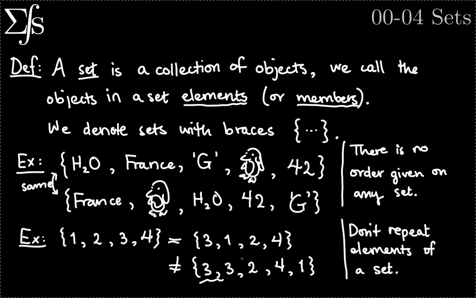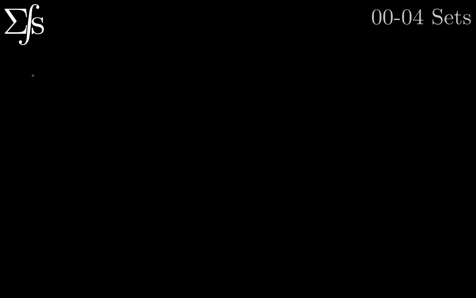So let's see, what's another example of a set that I can do? Alright, how about this set? The set with no elements inside of it. Well, it's a perfectly good set. It's just a collection, but it's a collection of nothing. So this is a very special set.